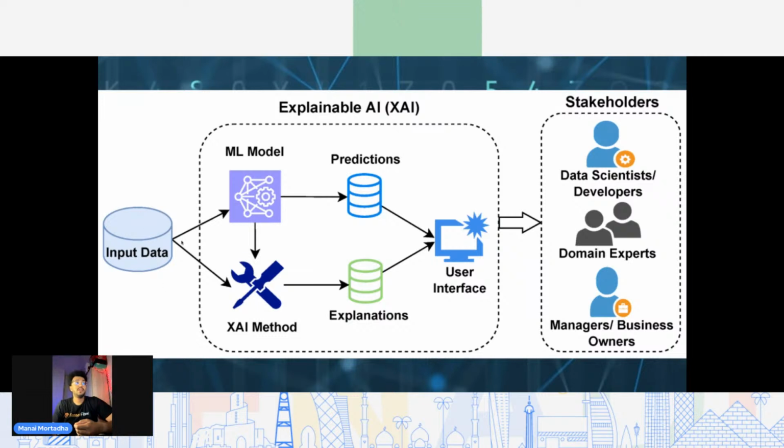So engineers create another pipeline, as we see here. It's similar to the pipeline of the ML model, the AI model. It's parallel to it. The XAI methods or model gets the ML model's input, the input data of the first AI model, and gives us an explanation. And those explanations are printed side by side with the predictions from the first ML model in the user interface.